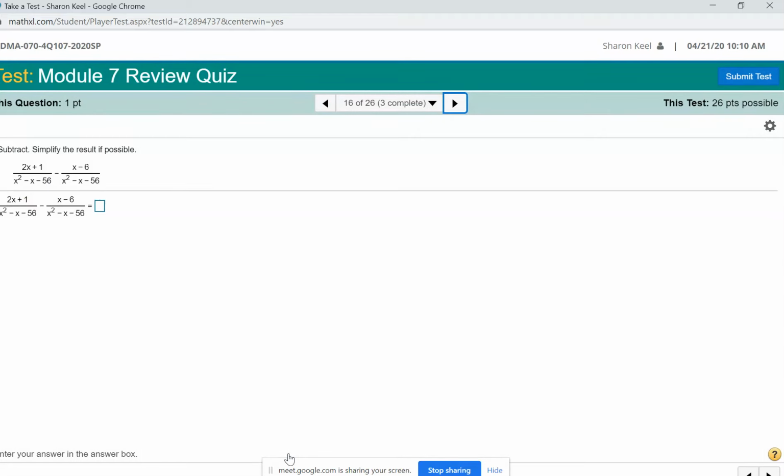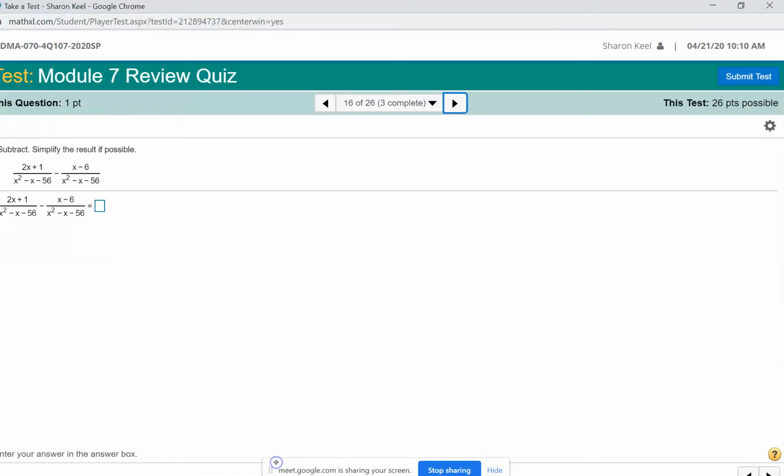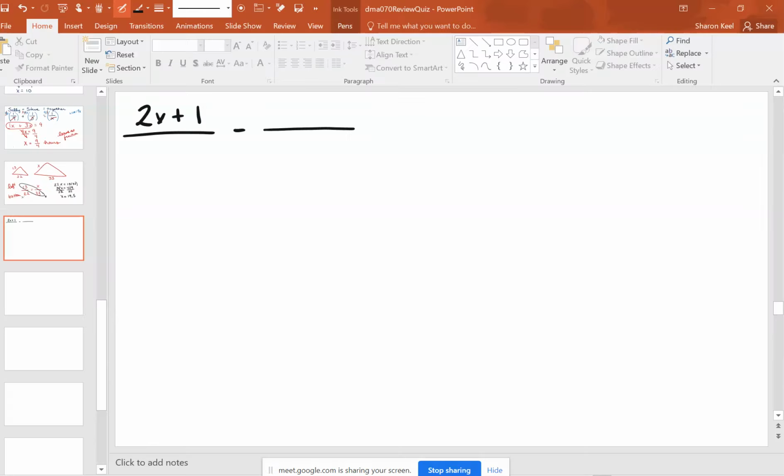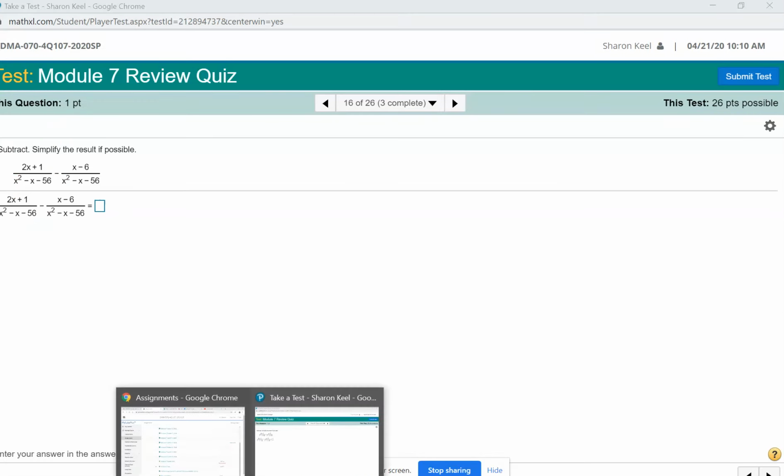Subtract, simplify the result if possible. Okay, 2x plus 1 over x squared minus x minus 56, and that's the same, I believe, for both. Yes.